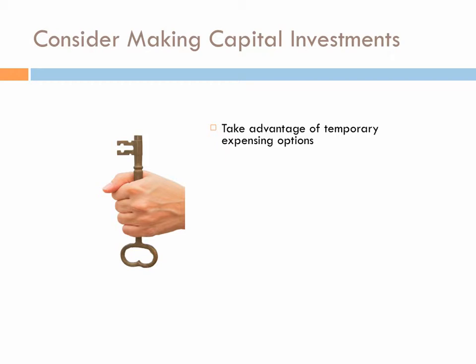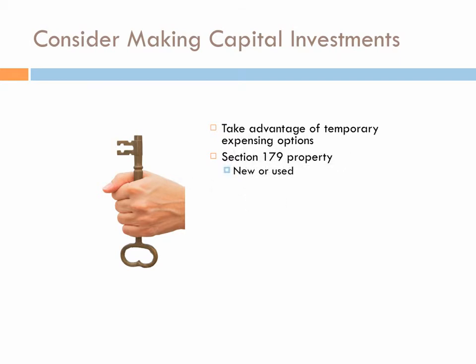For tax years beginning in 2012, qualifying depreciable business assets placed in service during the year can be fully expensed under Code Section 179 up to a maximum of $125,000 or your taxable income, whichever is less, as long as the total investment in such property does not exceed $500,000. This means that some assets you would normally have to depreciate over several years may be fully expensed for 2012 to reduce your taxable income.